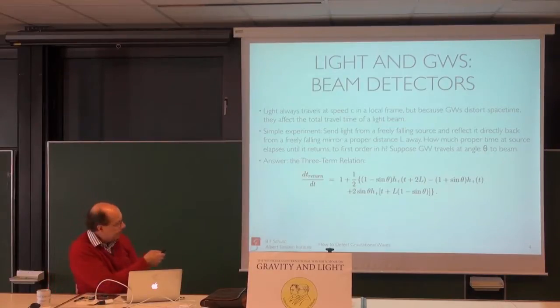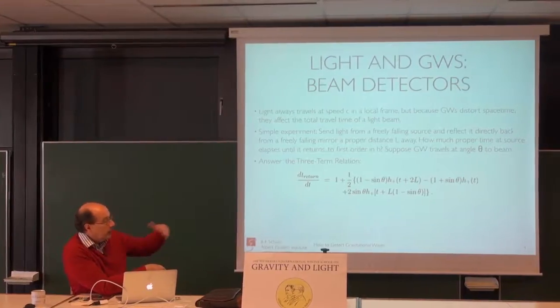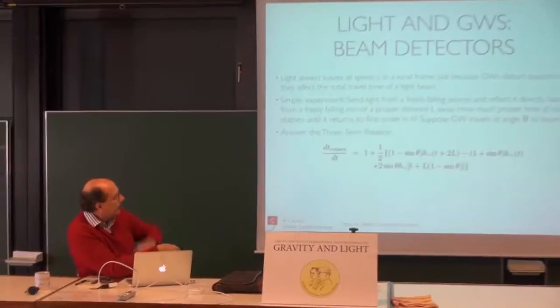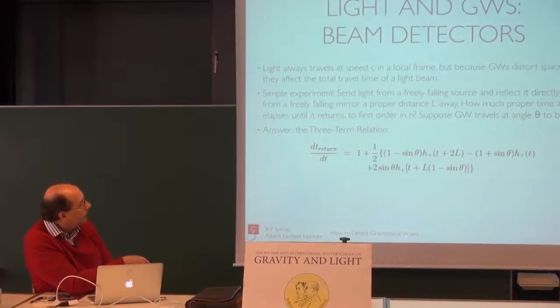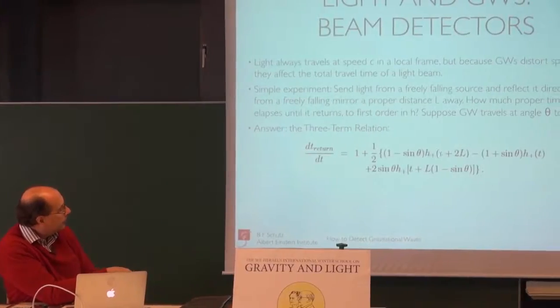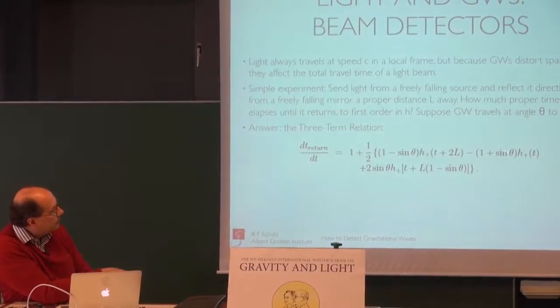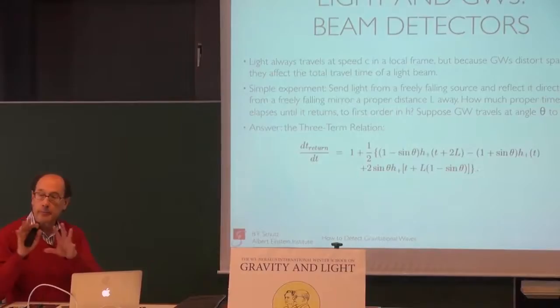That's what theta is. And the answer for this return time is, I'm going to monitor the rate of change of the return time. So the t here is the proper time on my local clock, and I'm just going to say, what's the time variation of the return time? And of course, if there's no gravitational wave, so you see a gravitational wave amplitude H plus. H plus is one of the polarization states.